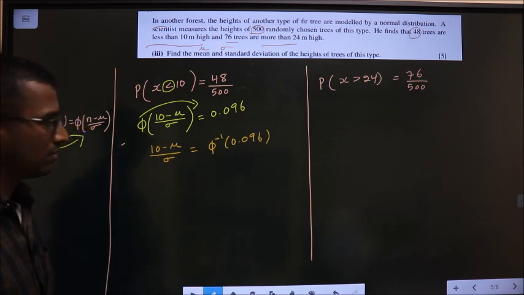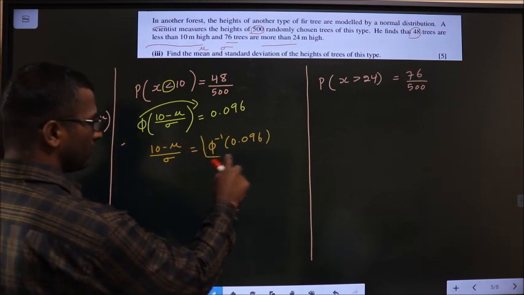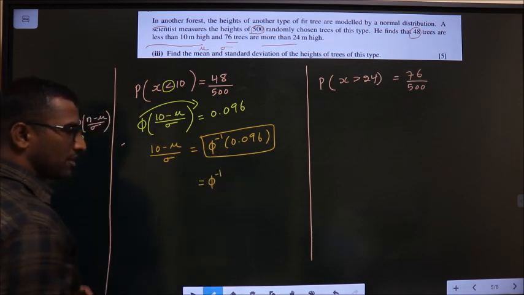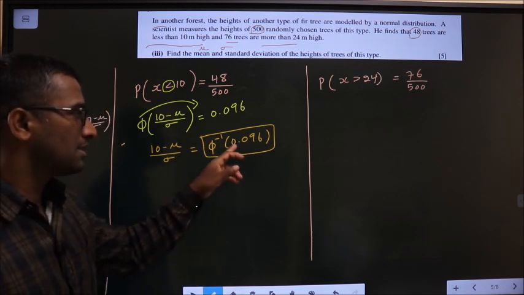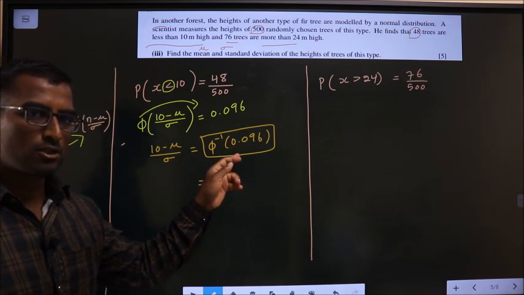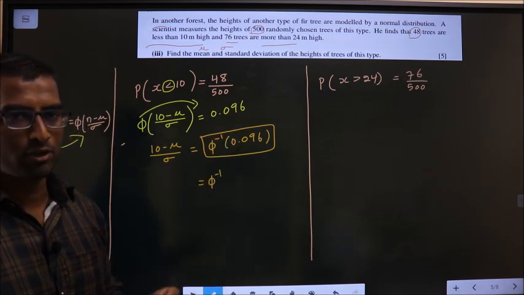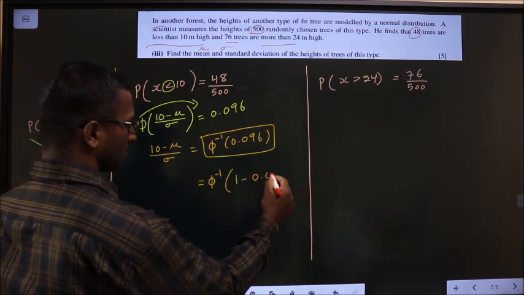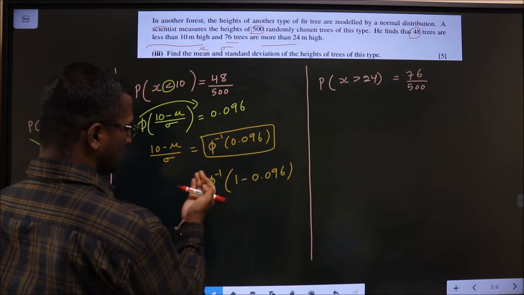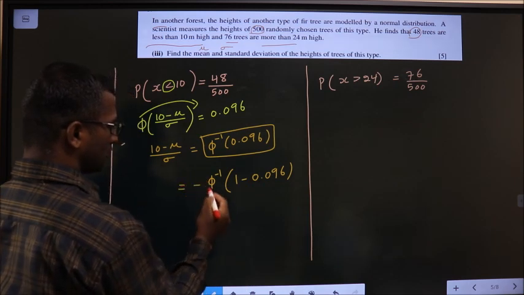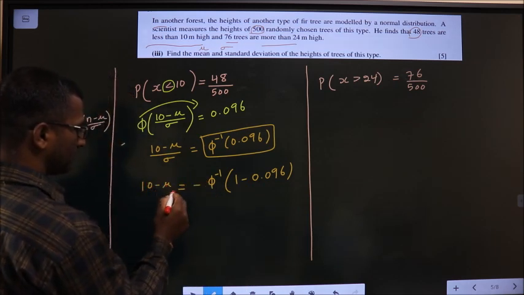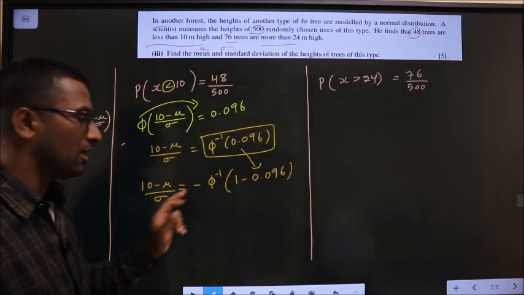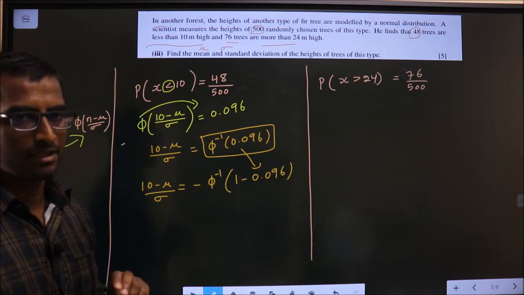Now we get this value from the normal distribution table, but our table starts from 0.5 and this is less than 0.5. To make it greater than 0.5, we should do 1 minus. Whenever inside you are doing 1 minus, outside you should put the negative sign. It is a rule. If inside you are subtracting from 1, outside you should put the negative sign.